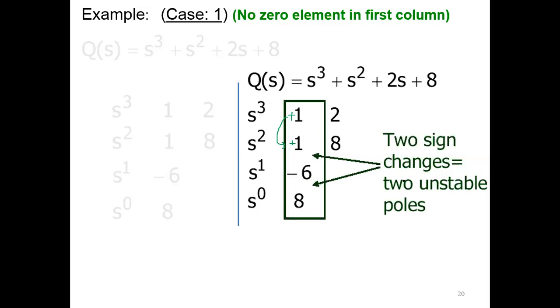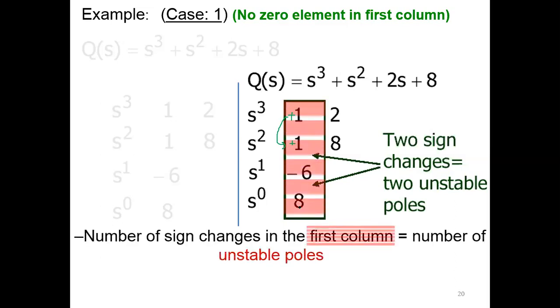From here positive to negative, this is the first sign change, and then again negative to positive, this is the second sign change. So we have two sign changes. That means we have two poles in the right half plane. So this system is unstable. Number of sign changes in the first column is equal to the number of unstable poles.